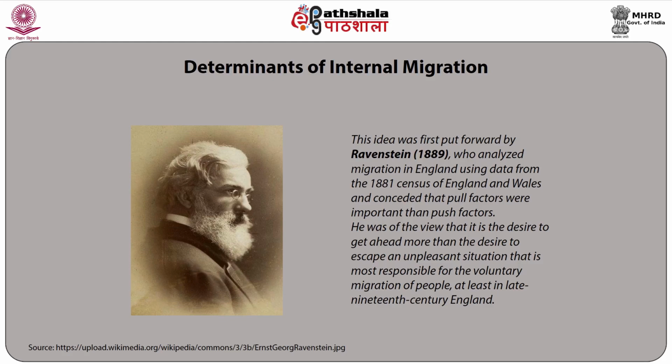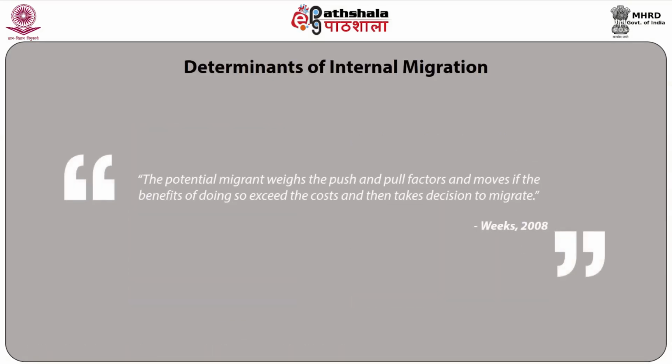He was of the view that it is the desire to get ahead more than the desire to escape an unpleasant situation that is most responsible for the voluntary migration of people, at least in late 19th century England. The potential migrant weighs the push and pull factors, moves if the benefits of doing so exceed the costs, and then takes the decision to migrate.